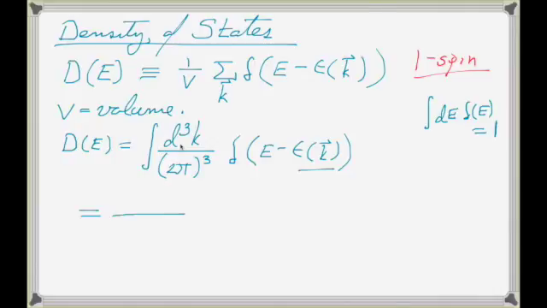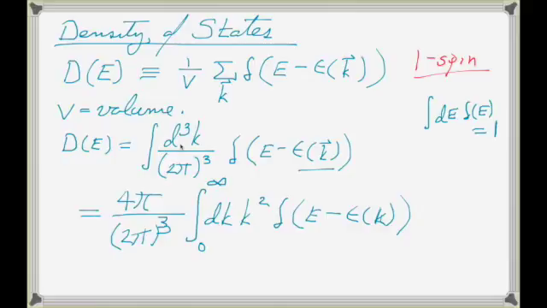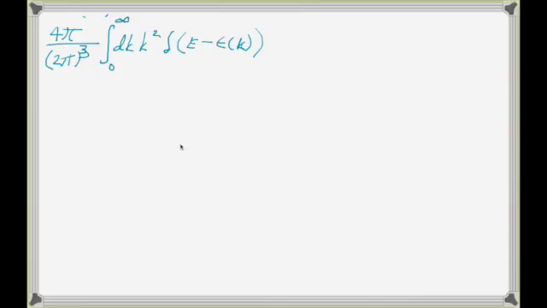So taking all that stuff out front, this is due to the integration over the solid angle, 4 pi over 2 pi quantity cubed, times the integral. Okay, so this is just now an integral over the magnitude of k. And this epsilon of k is just a function of k.